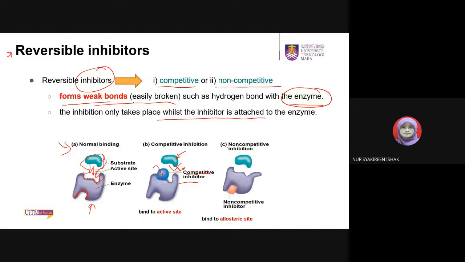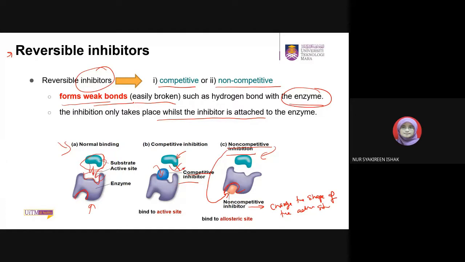And for the non-competitive inhibitor, it does not care about the presence of substrate at all. It just binds to the allosteric site of the enzyme, another site of the enzyme that is not the site for the binding of substrate. The binding of the non-competitive inhibitor will change the shape of the active site.